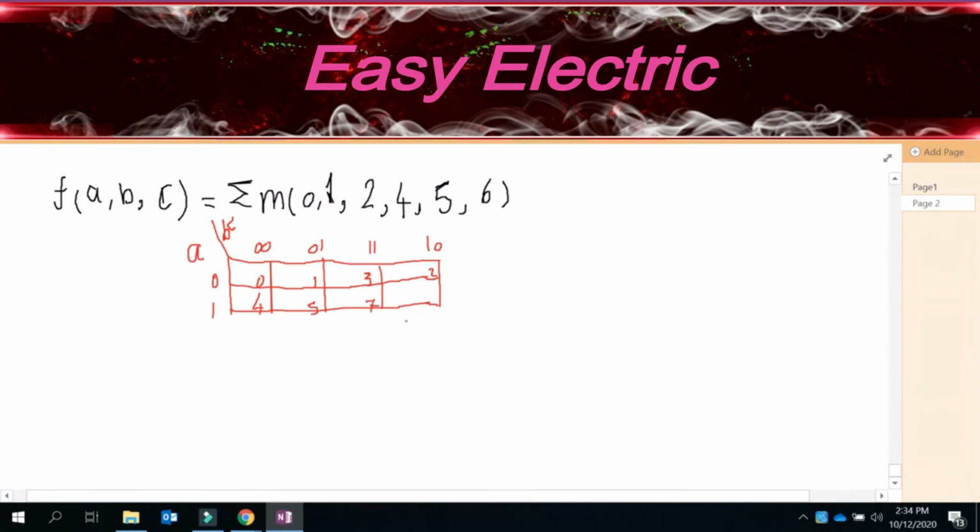And this should be 6. Then back to here and see which minterms you have, where the function is 1. So you have 0, 1, 2, 4, 5, and 6.